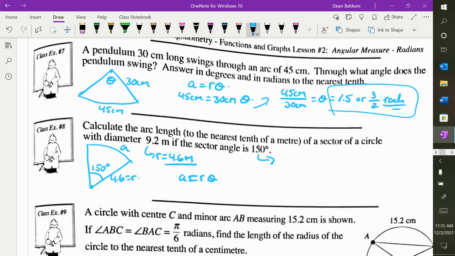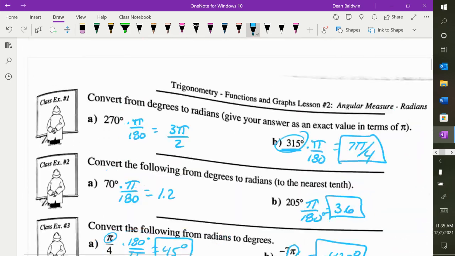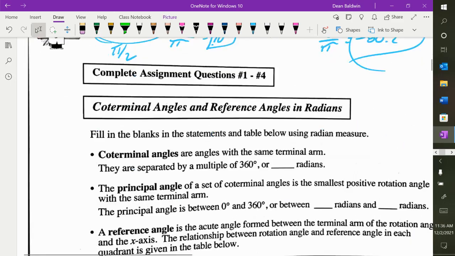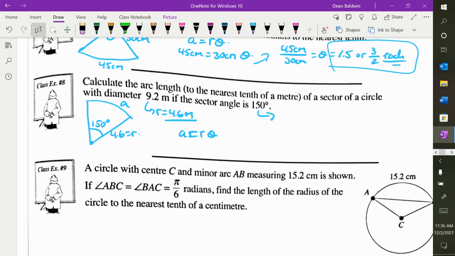So 150 is a multiple of which one of our common ratios? Way back here. 30. How many 30-degree angles are there in 150? 5. So what is 150 written in rads? 5 pi over 6. Or you can multiply it by pi over 180.